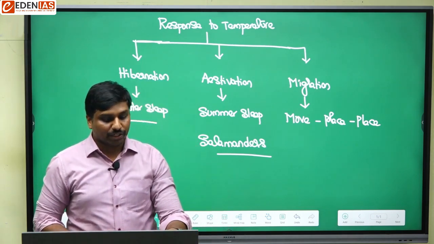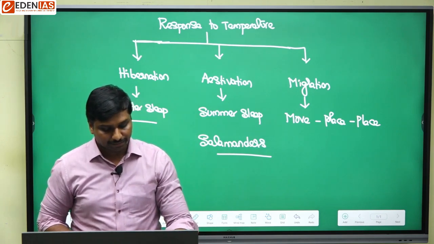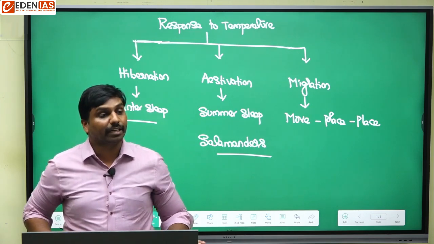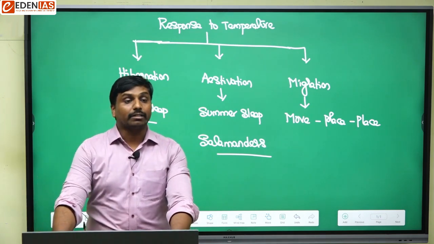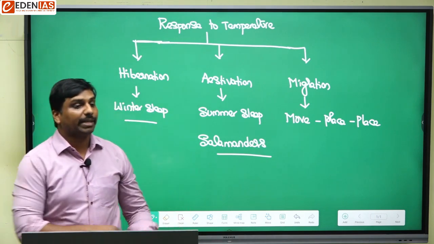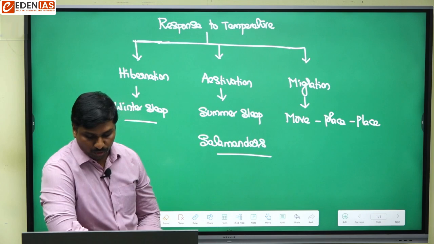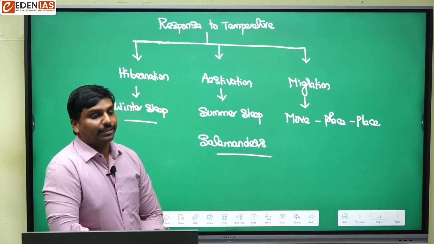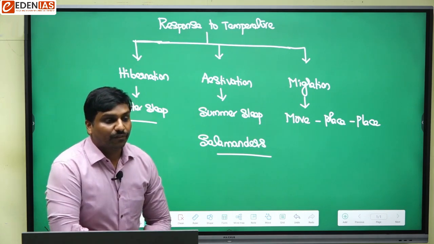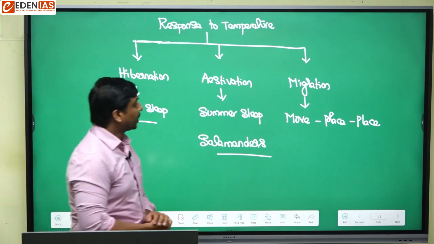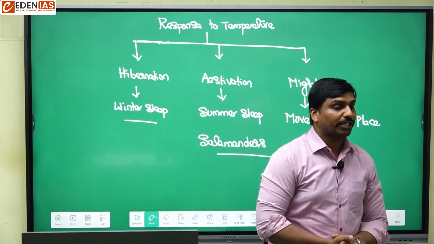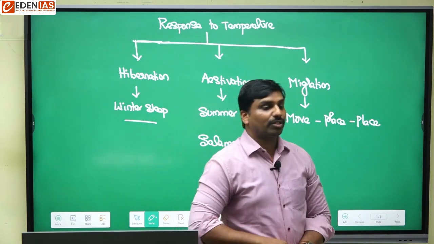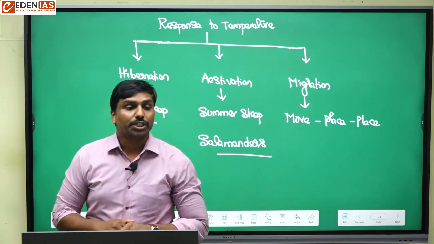Okay, there you mentioned for example Siberian cranes and greater flamingos. Siberian cranes and greater flamingos will migrate from Eurasia to the southern countries during the winter.